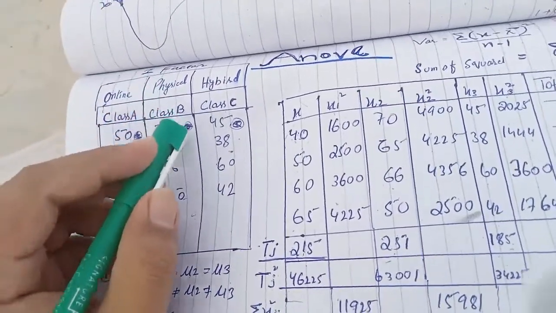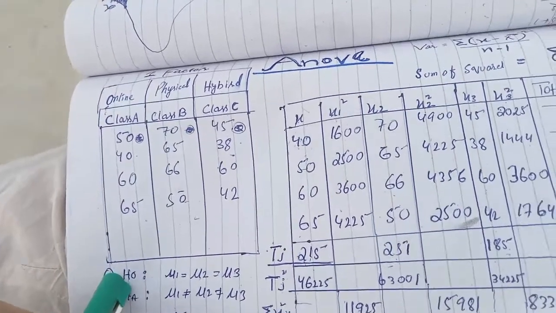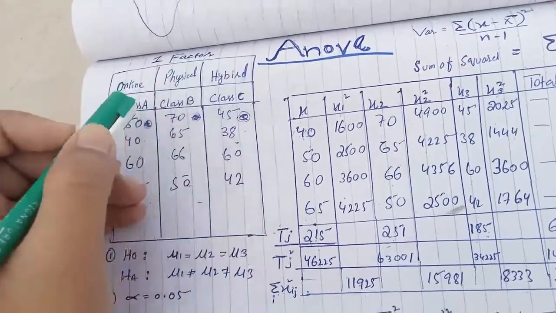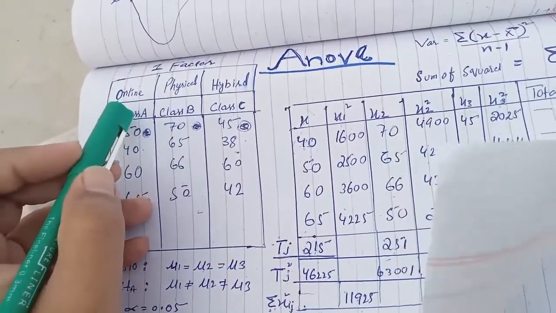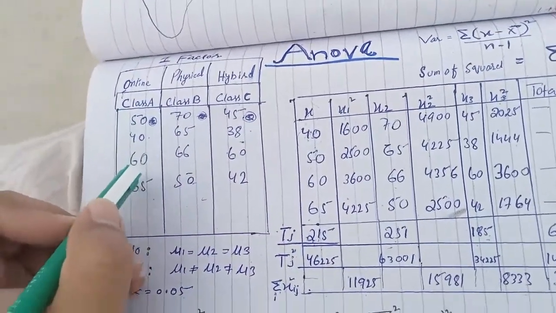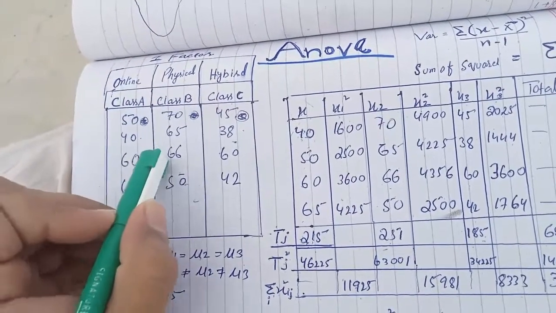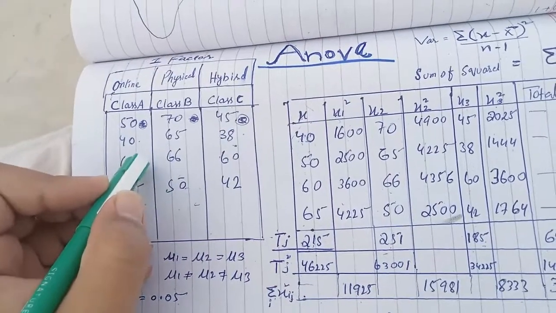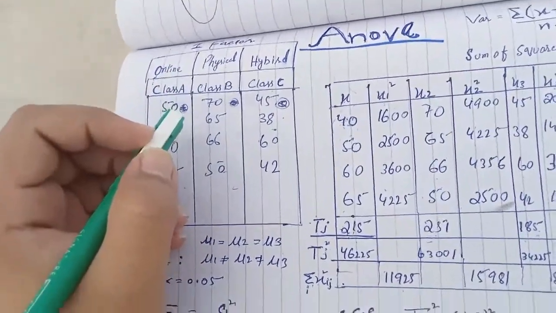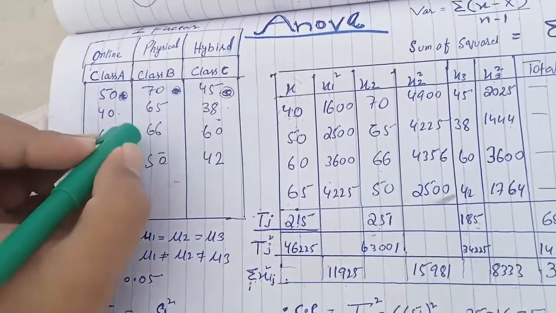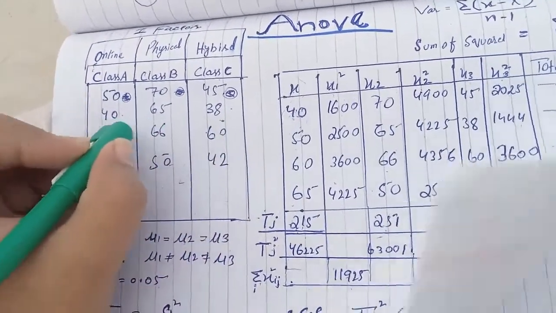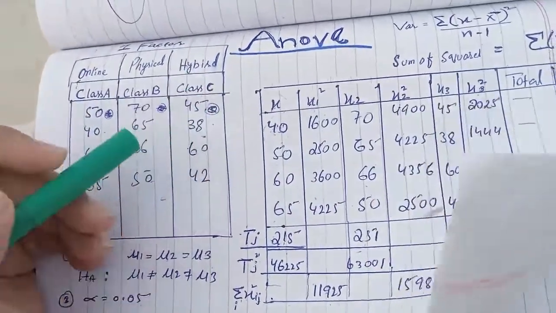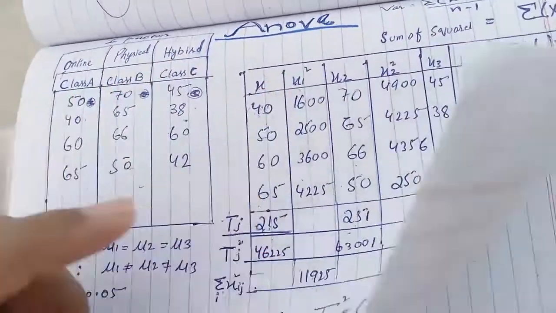So the null hypothesis is saying that even though there is one factor, the different class models, there is no variation in the students' marks, the average of the students' marks, even though a different model is applied, which is the one factor only.